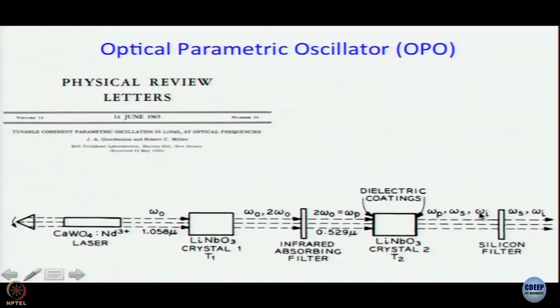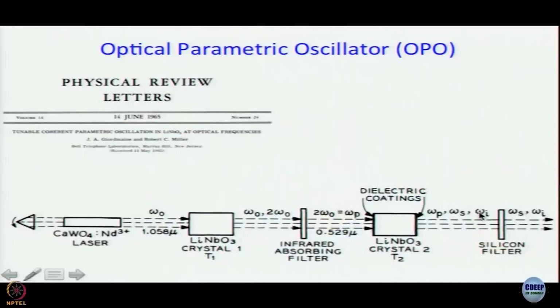How can you do it? We have discussed already that if you change temperature, then all these refractive indices will change. So, even for collinear geometry, you can get different frequencies for idler and for signal if you simply change the temperature, and that is the experiment they actually did.